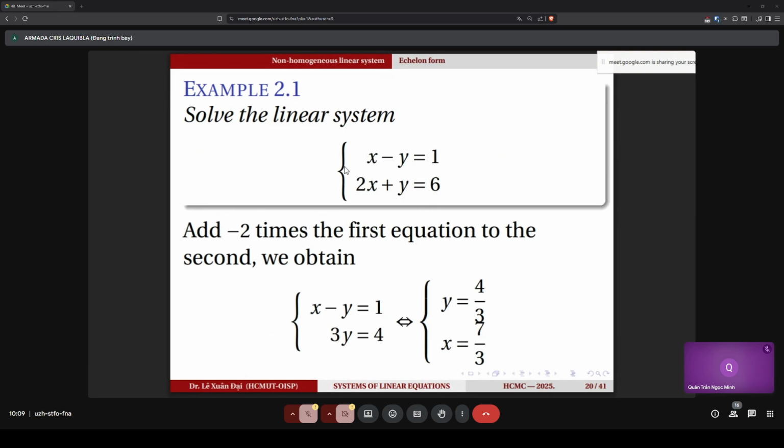So if you add the negative 2x here, it becomes 0. Negative y multiplied by negative 2 becomes positive 2, plus y, it's 3y. And the answer is 4 here. If you multiply negative 2 here plus the 6, it's positive 4. Now divide 3 both sides. Your y is 4 over 3. Then substitute it here in the first equation. Using your y, you can solve the x there, which is 7 over 3.